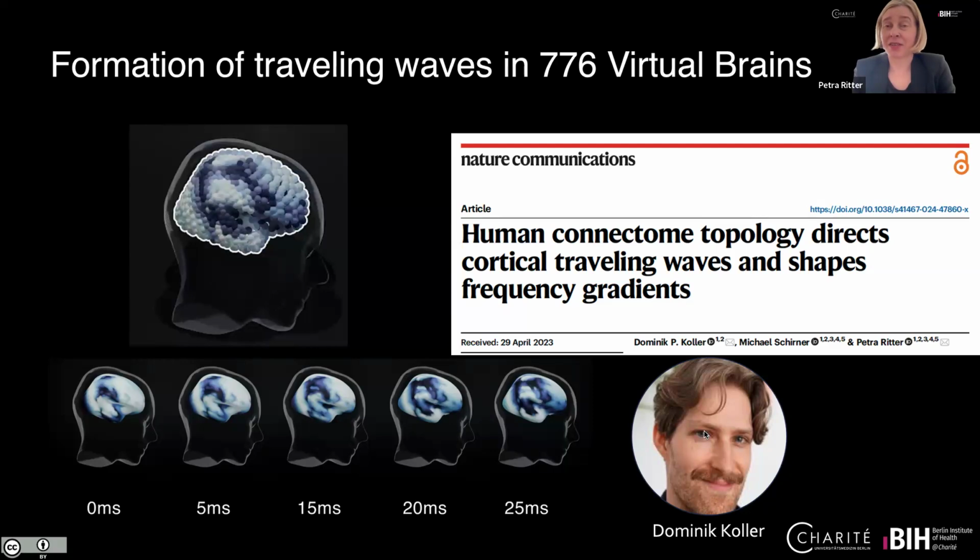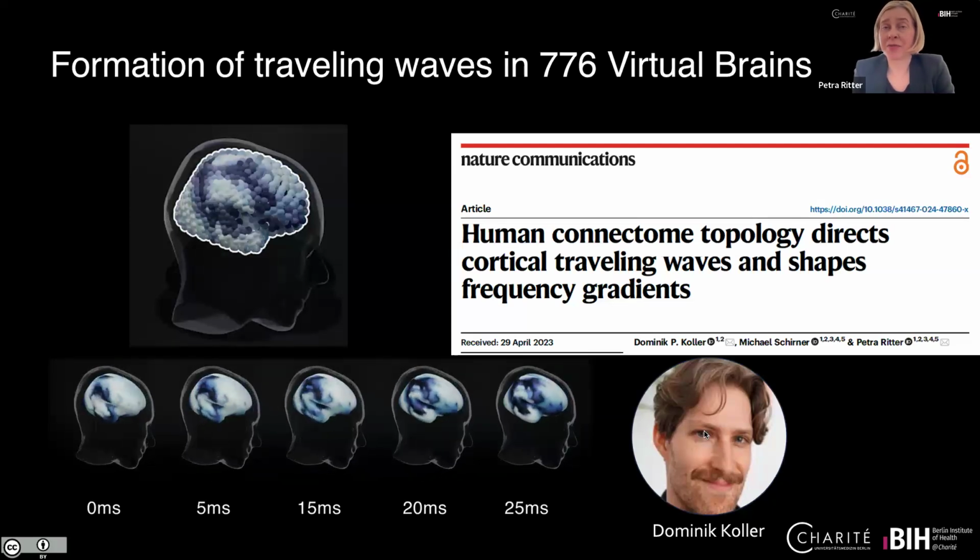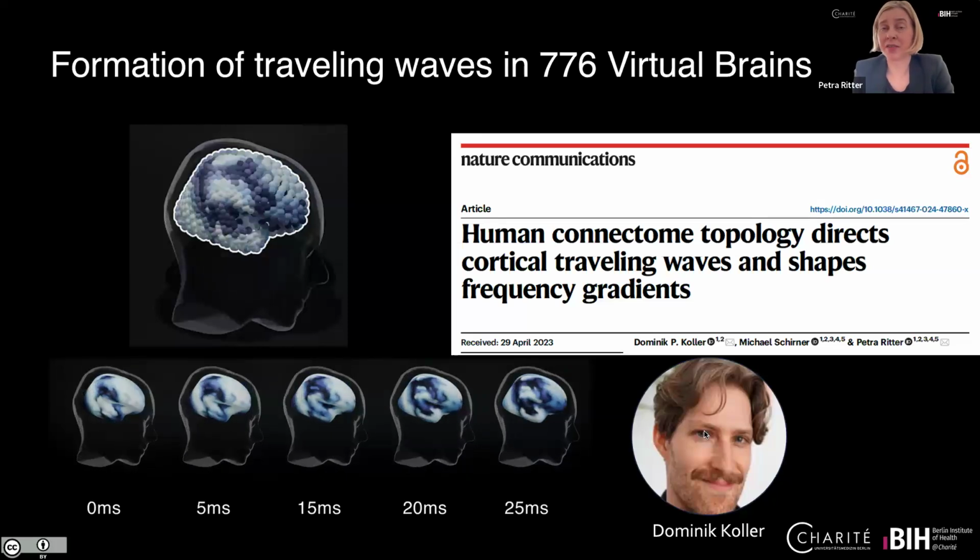But he had joined our lab for some time and did this fantastic work on traveling waves, where he investigated 776 virtual brains. The data were obtained from the Human Connectome Project in the US, and he was able to reveal how the structural static connectome gives rise to these waves that you can see here.